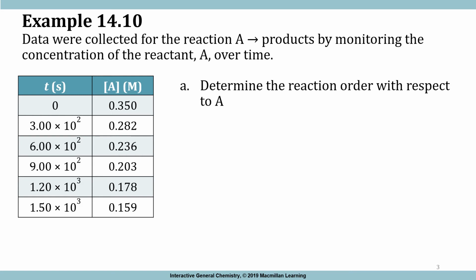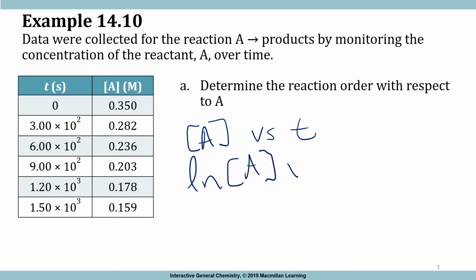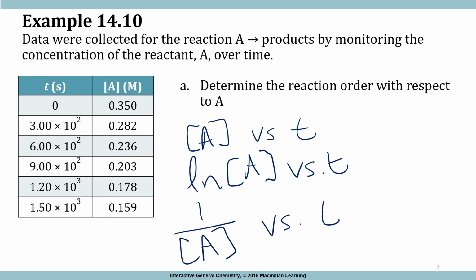We're going to plot this three different ways: concentration versus time, natural log of concentration versus time, and 1 divided by concentration versus time. Whatever one gives you the most linear is going to be the order with respect to A.